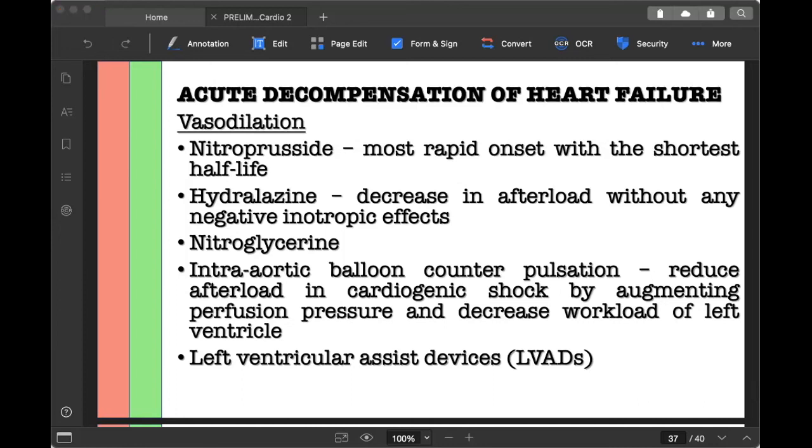I know you already learned half-life in your pharmacology. Now, your half-life is the time it takes for the amount of the drug's active substance in your body to reduce by half. Okay. You also have your hydralazine, your nitroglycerin, intra-aortic balloon counterpulsation, and then your LVADs.